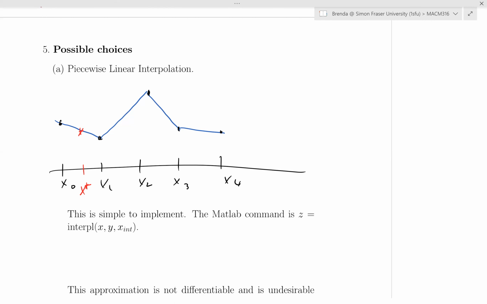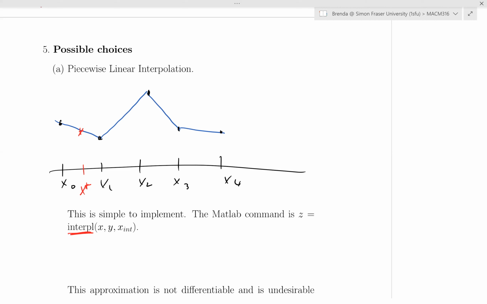There's a MATLAB command for that, this one here, where X is the nodes, Y is the data at the nodes, and X int is the grid to evaluate the interpolating polynomial on. So that's a possibility, and it might be a valid one.